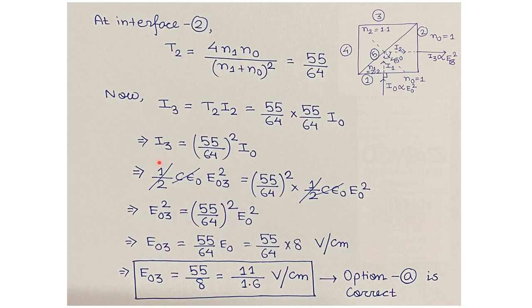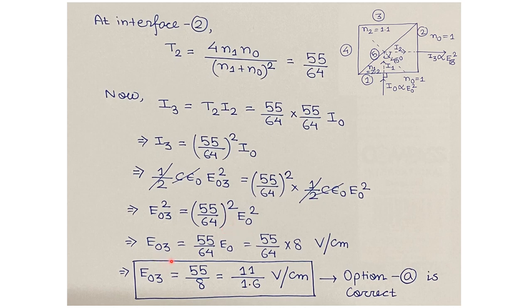Now I3 can be written as half C epsilon naught E03 whole square, where E03 is the amplitude of the electric vector in region 2, and I0 is half C epsilon naught E0 square. So if we cancel out the half C epsilon naught from both sides, then we have E03 whole square equals (55 by 64) whole square times E0 square.